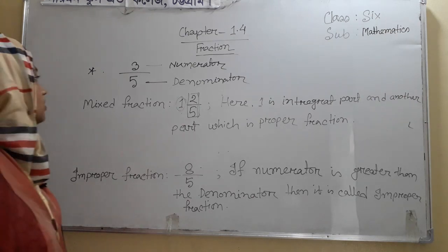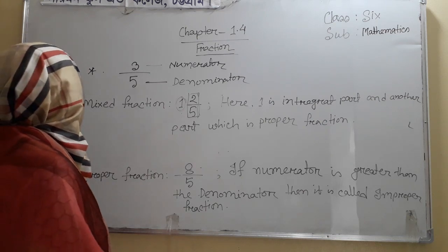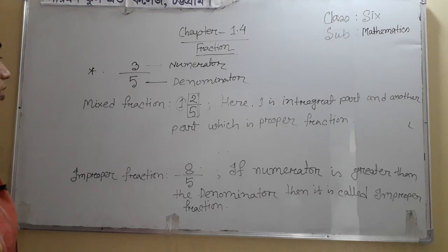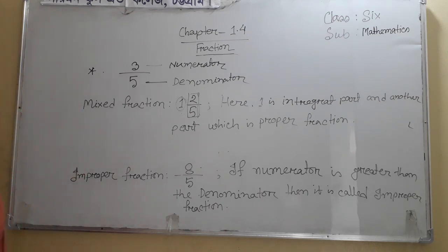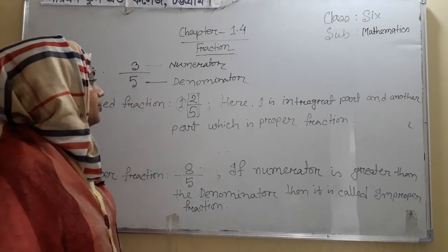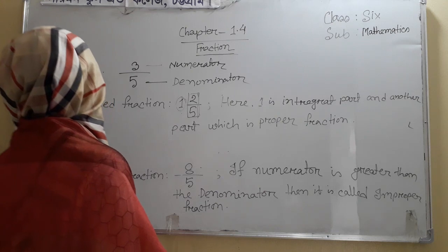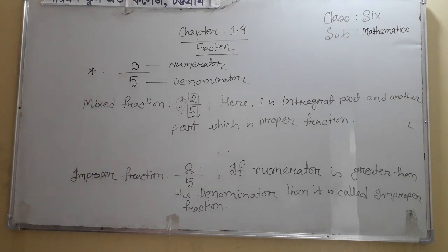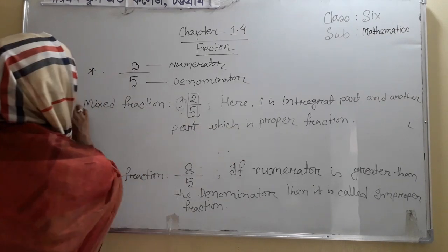In proper fraction, numerator is always less than denominator, and in improper fraction, numerator is always greater than denominator, and mixed fraction always has an integral part and another part which is always proper fraction. Hope all of you understand this fraction.